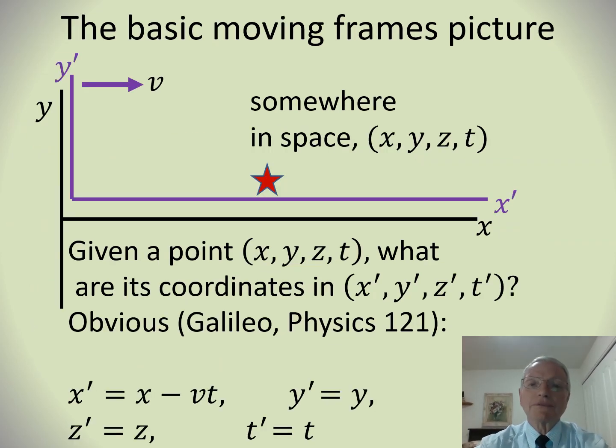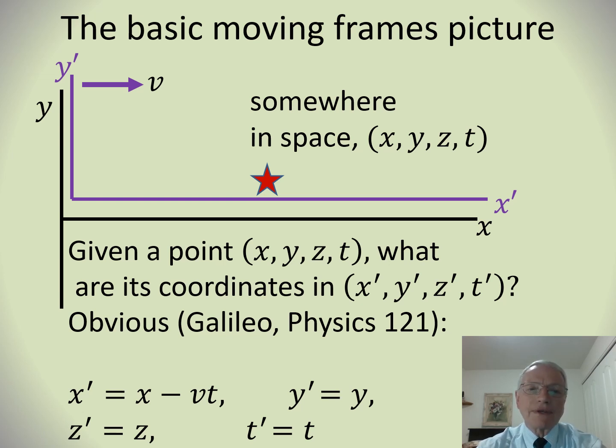So here's the basic moving frame pictures. This goes back to Galileo in the 1500s. If you have a red star point, maybe it's just sitting there in the black frame, which is sitting still, it has a pretty simple formula for its motion. x is constant and time just runs and doesn't change anything.